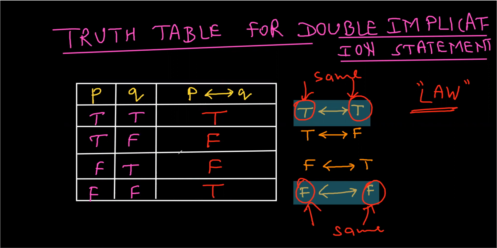You have to learn the underlying law. You have to think over it. When the truth value of the two statements in a double implication statement is same, both true or both false, then the truth value is true. And in the other cases, it is false. I hope you have understood this.